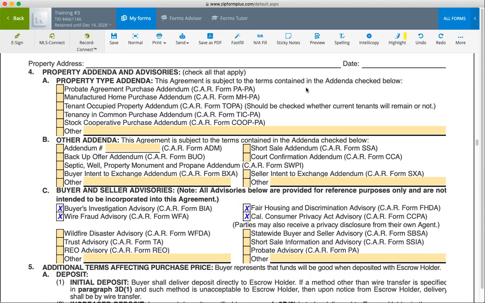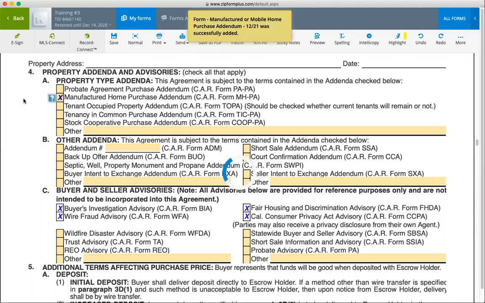An addendum is attached to the contract, and that becomes a legal document that's an extension, basically, of the contract. Now, the way they've changed these forms, we use the RPA for probate sales, and we just attach the probate addendum. We use the RPA for manufactured home sales, and we attach the manufactured home addendum.